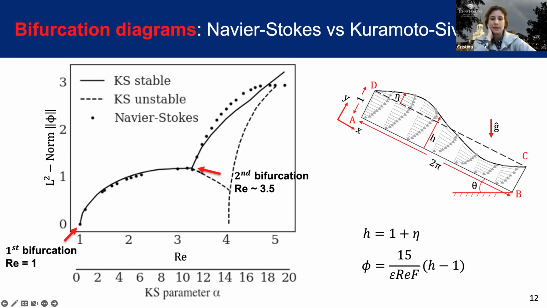But past the second bifurcation point at around 3.5, the speed of the wave increases and the KS is also traveling, and the KS solution starts to gradually deviate from the Navier-Stokes solution. As I showed previously, at about alpha equals 17, the solution of the KS is a pulsing wave. So we start to have more complicated dynamics for the KS, and the solutions of both diverge.